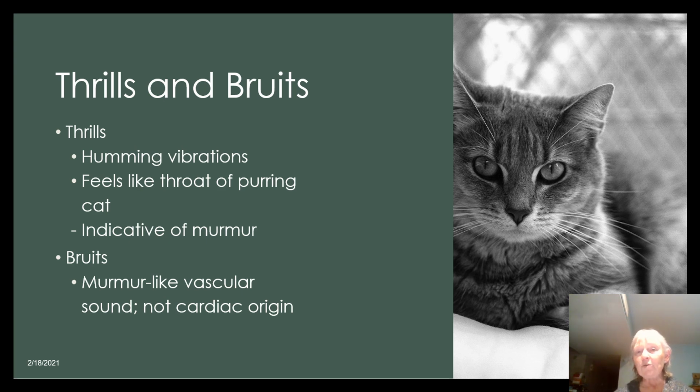Thrills and bruits. Thrills and bruits are kind of interesting. Thrills are like a humming vibration. It's indicative of a murmur. Bruits are murmur-like vascular sounds, but they're not of cardiac origin, okay?